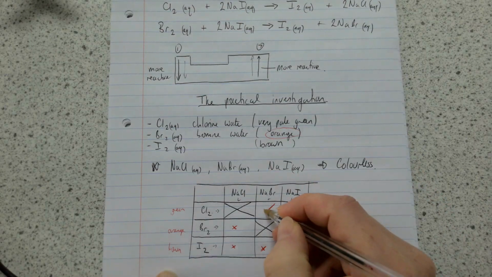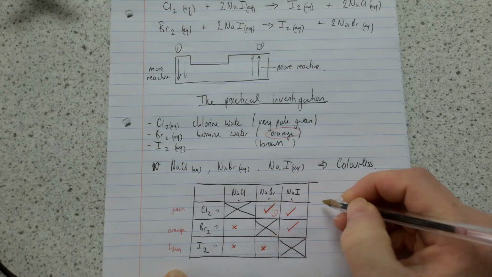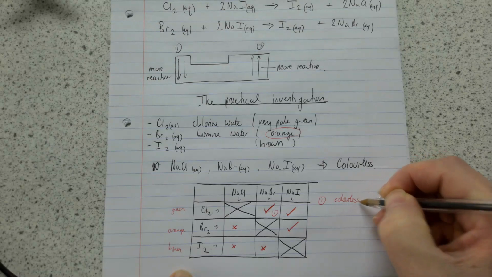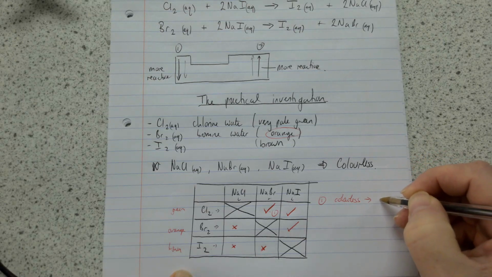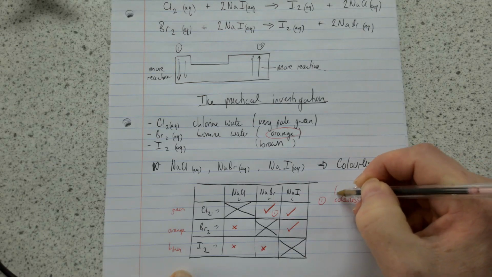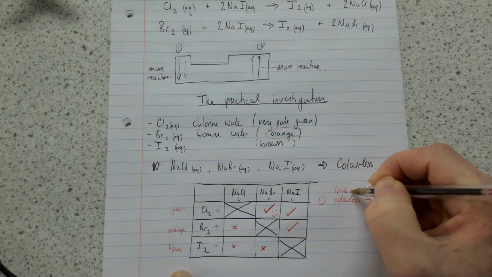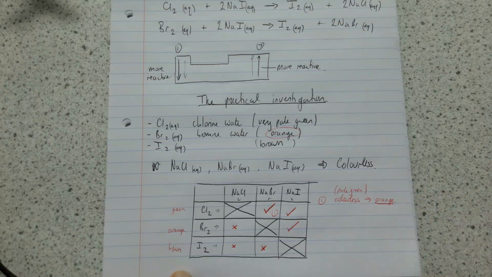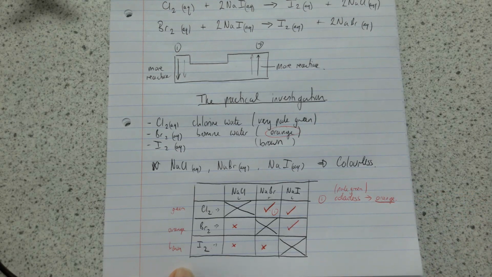So this one, number 1, goes from colourless, or pale green I should say, almost colourless, to distinctly orange, but it's the production of the orange that tells us we've made bromine, tells us the reaction's gone ahead.